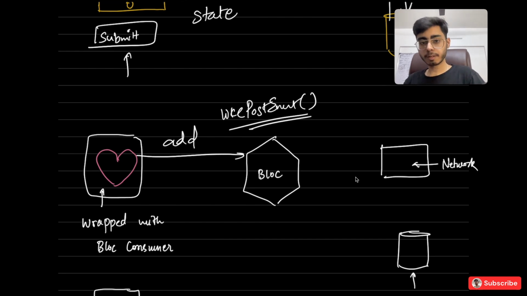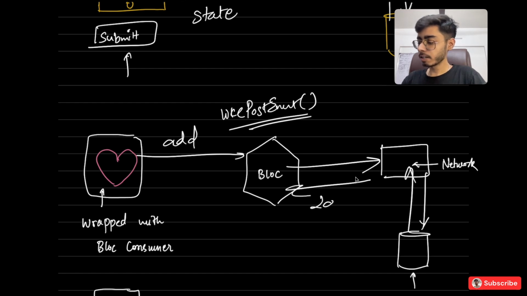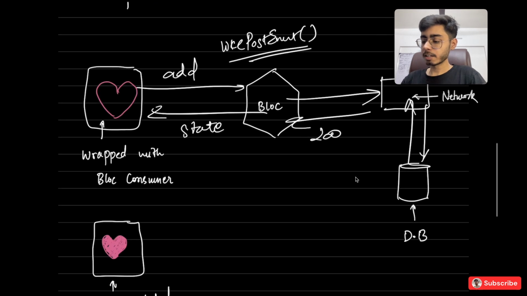It will take the comment ID and the user ID and send a post call, get call, or put call to the network, and the network will say, okay, this user has liked this post. It will save my user ID in the array of all the people who liked that post. The database will say okay, this will be 200, and the state will be emitted. And once the state is emitted, the button will be filled with pink color, showing that you have already liked the post.